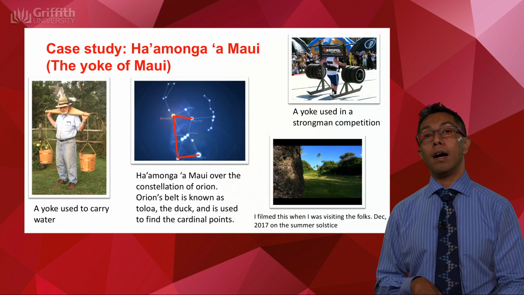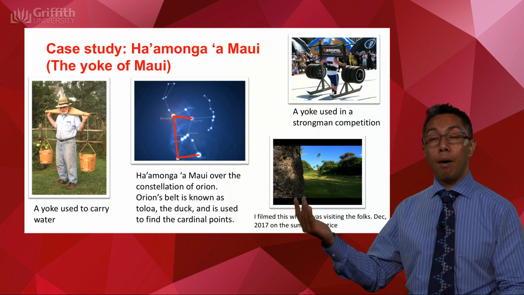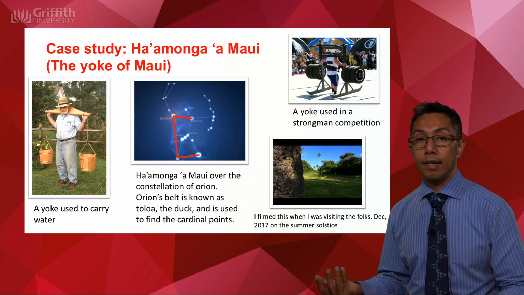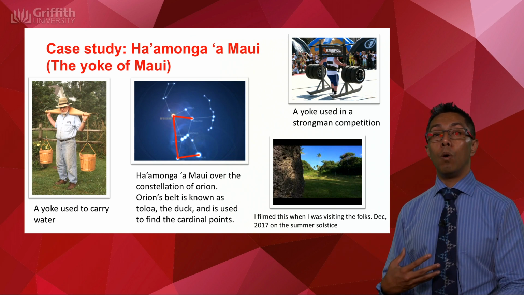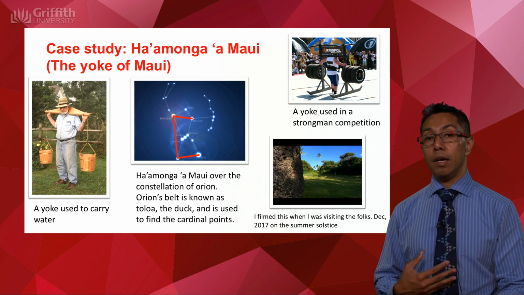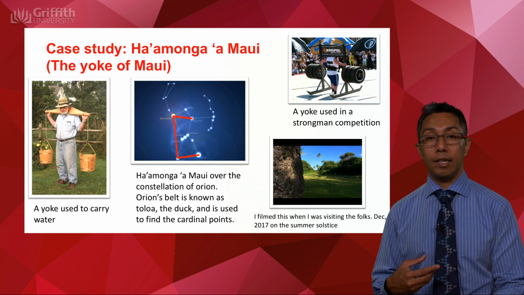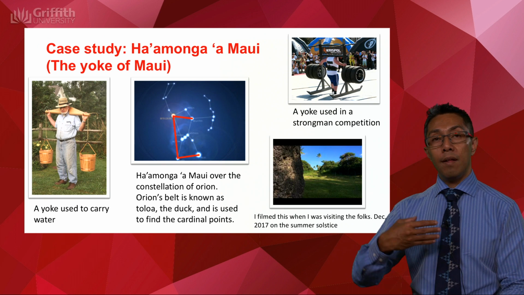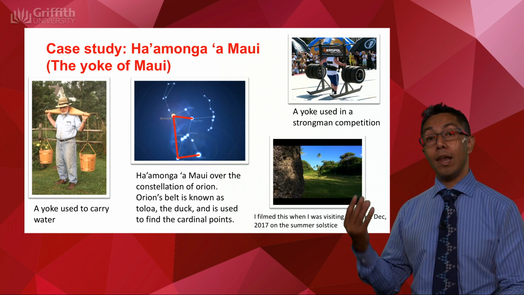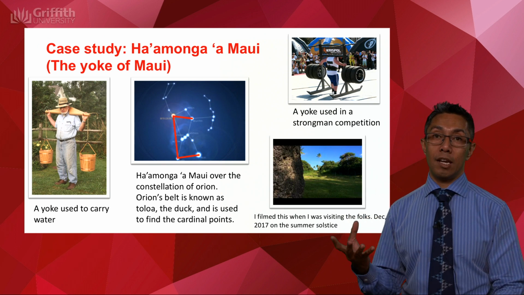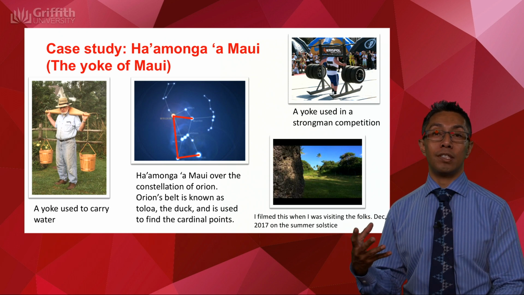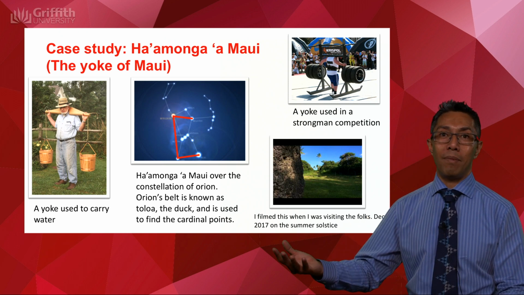Okay? So the hamonga can be translated into the burden or the yoke. Now the yoke translation is probably the one which is favoured, because that then directly relates it to a Polynesian constellation called the Ha'amonga Maui.